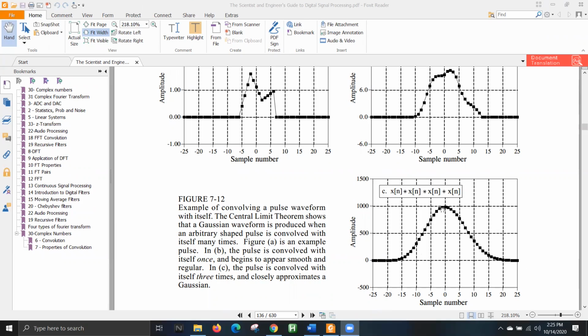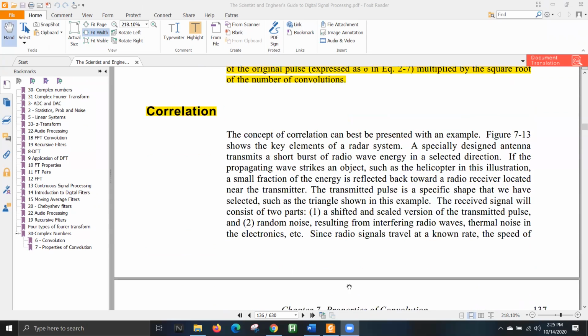The positive values of this Gaussian will be mainly in this width, that follows the width of the original signal. After that particular width, it will exponentially go to 0. That was all about the properties of convolution.